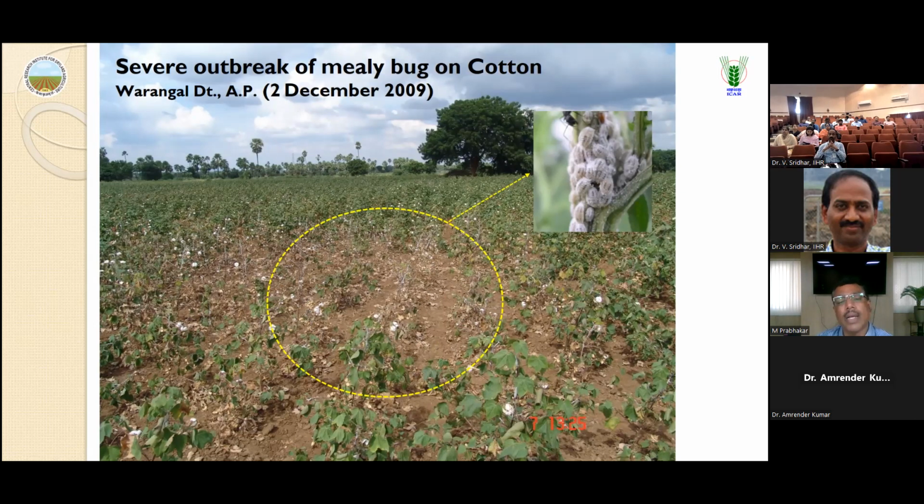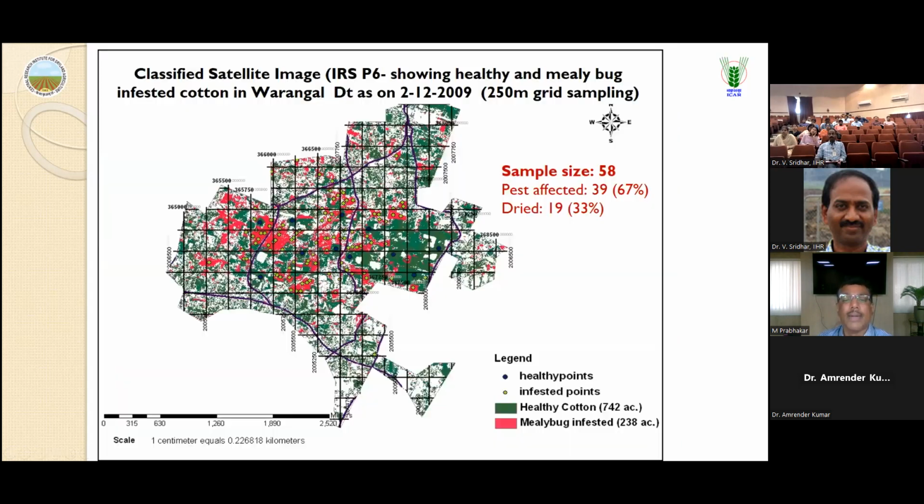Many areas in this region were affected by mealybug. We were able to do some ground truthing, collect the data, and try to see whether we can detect it using satellite. This is the satellite analyzed data for the entire village. You can see the green dots, where we actually collected the ground truth data, and the red patches are the ones affected by the mealybug.